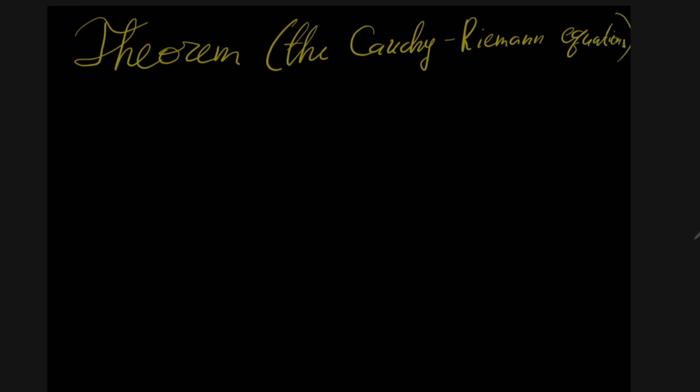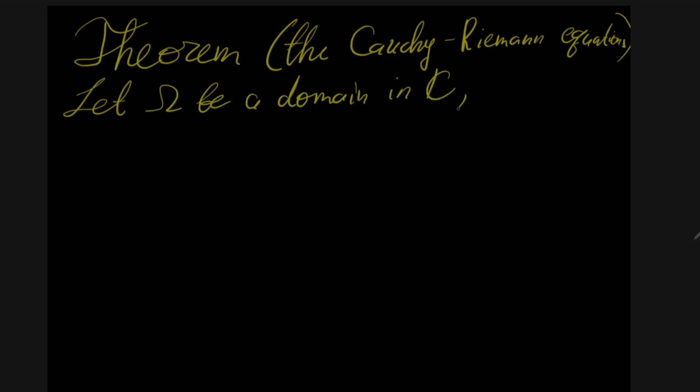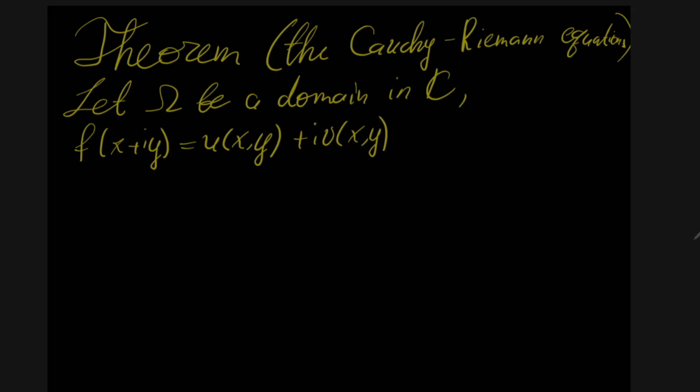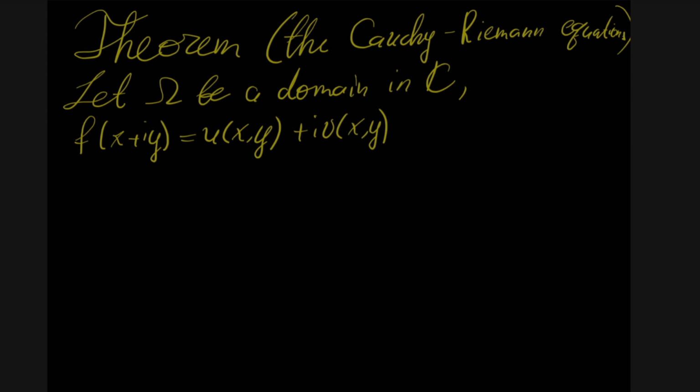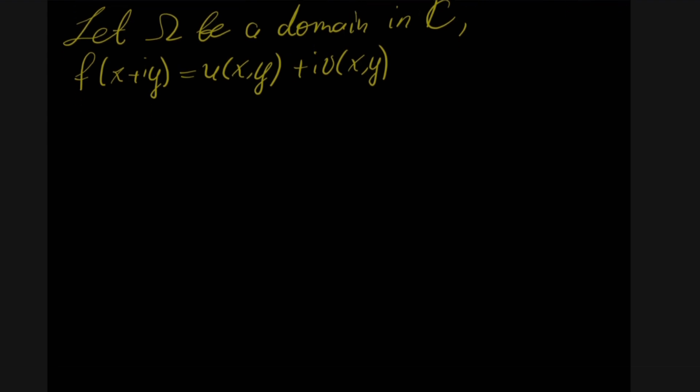Okay. So, we take a domain in the complex numbers and a complex-valued function. At this point, it is pretty much a familiar setup for us, and we express the equivalence of differentiability of f, so existence of its derivative, with the Cauchy-Riemann equations themselves.